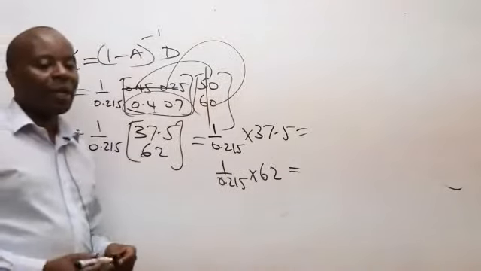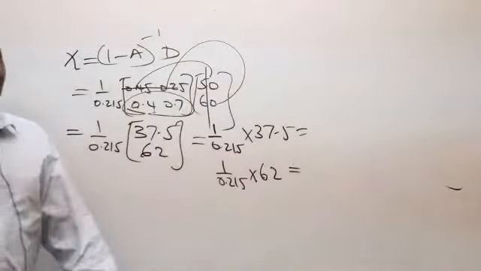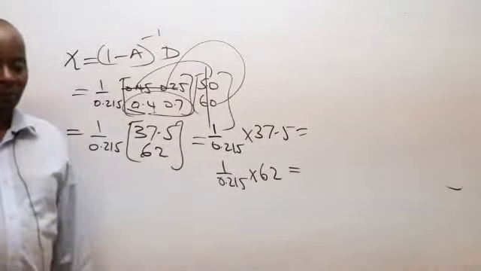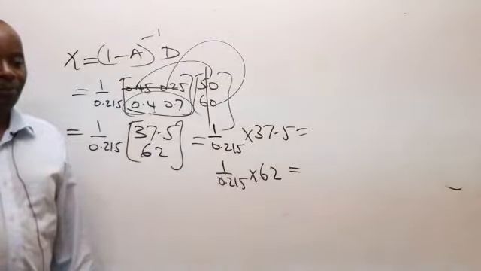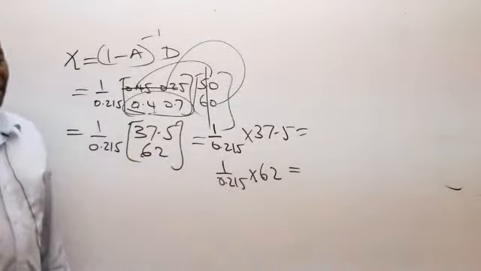Could you kindly help us? Into two decimal places, what do we have here?